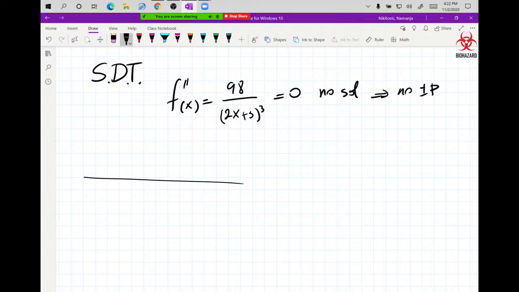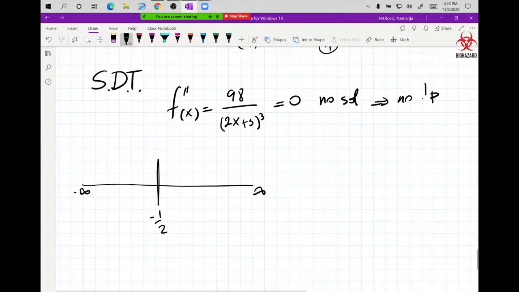But we do have -1/2 to partition here. So that's it, from negative infinity to positive infinity. So no solution means no IP. IP stands for inflection point or internet protocol, whatever, depends which class you're in.